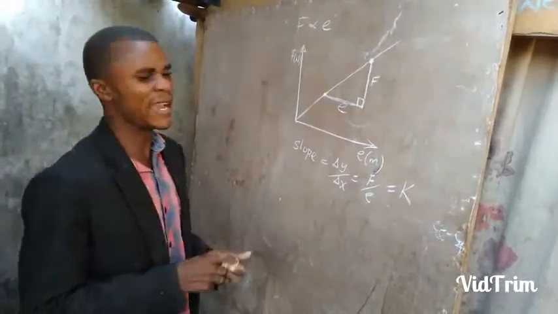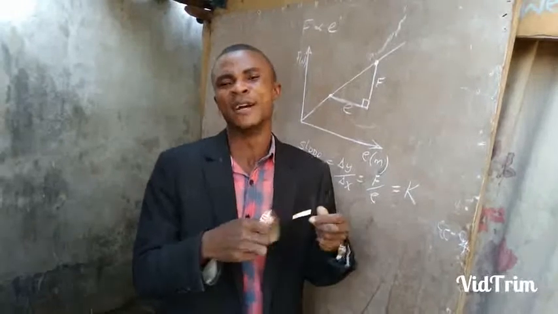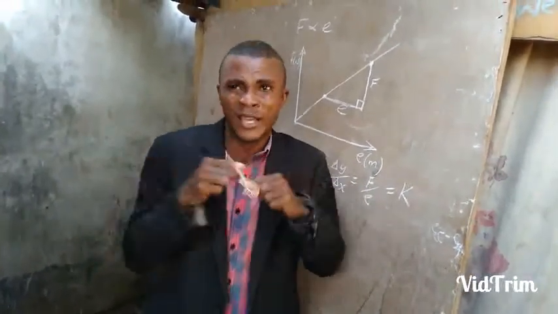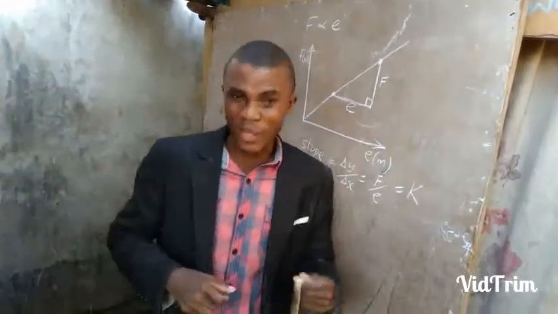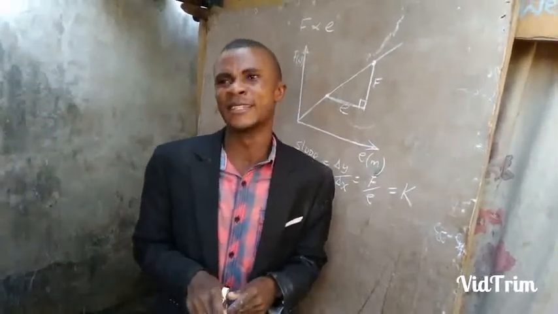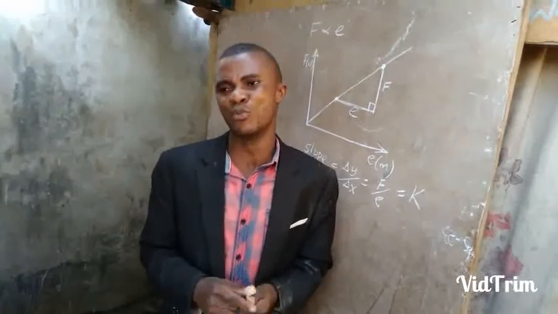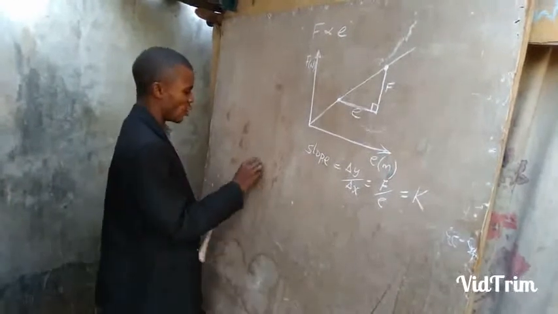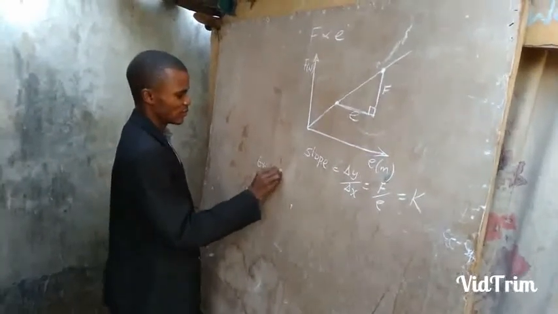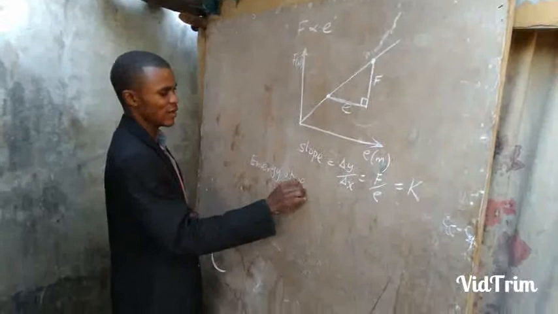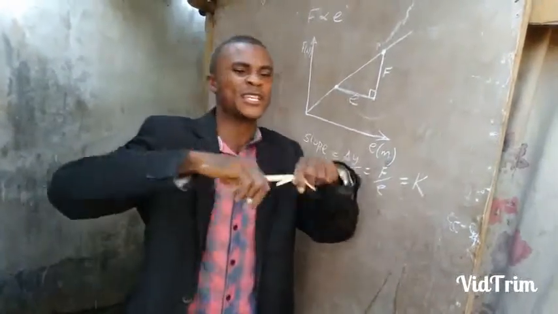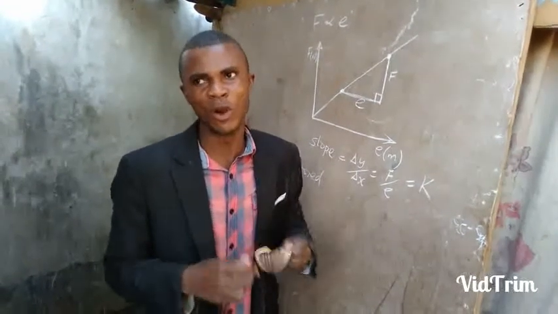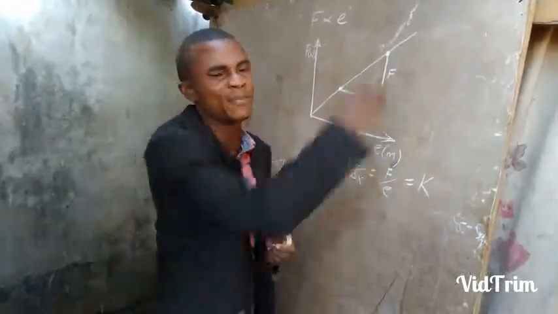Now there must be energy. Have in mind, when you are stretching a material like this, you exert energy. That means we are using energy to extend this one. So if we are using energy, what will be the equation that we put to get the energy? We have the right to say that the energy stored in this material that I am stretching here is the same as the work done, or the area under this particular graph.